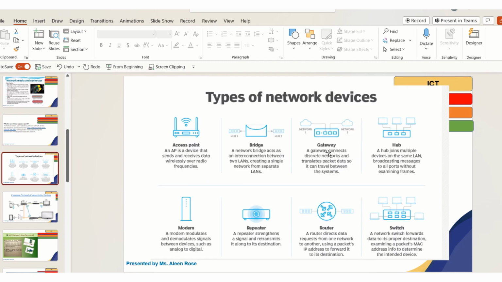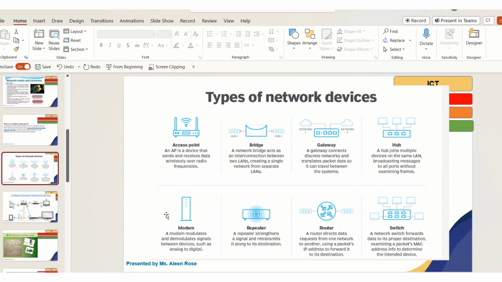Okay, now these are different network devices. Wireless access point. Bridge acts as a connection between two different LANs, local area networks, whereas gateway is a connection between two different types of network like LAN and WAN. Okay, now hub, it joins the devices on the same LAN. Now modem is modulating and demodulating.